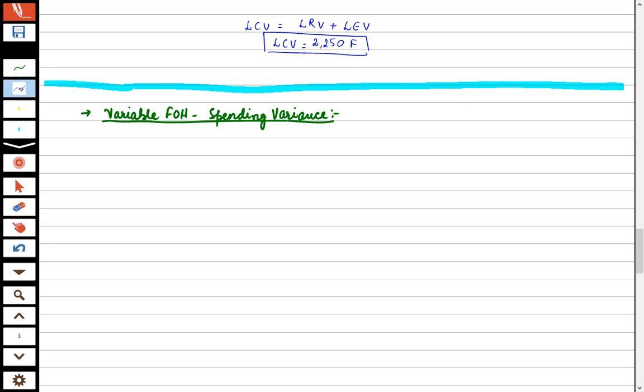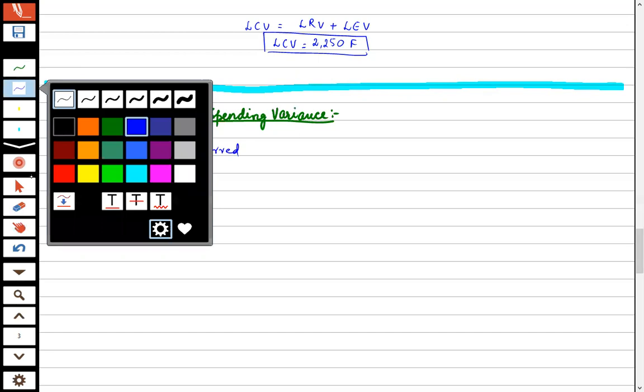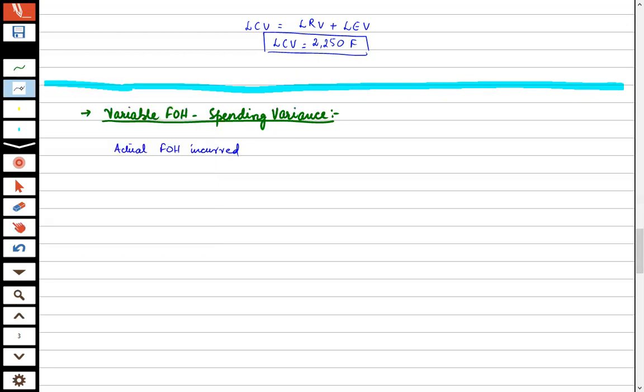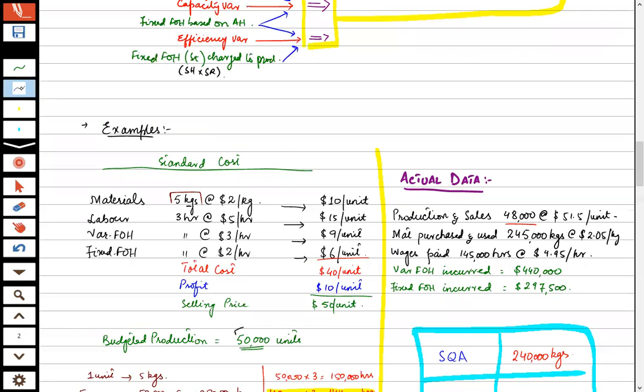Actual variable FOH incurred. That would be in the data: FOH actual was $440,000.